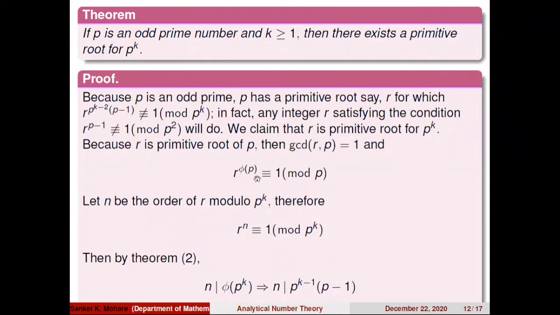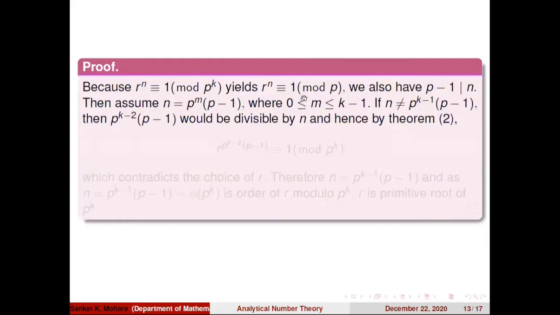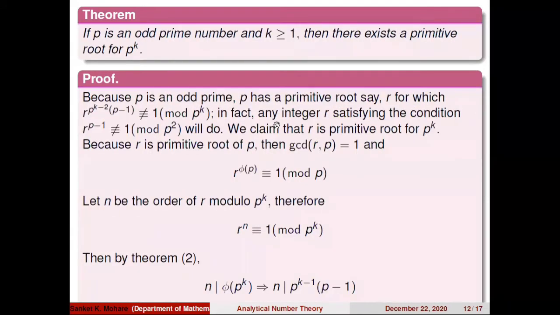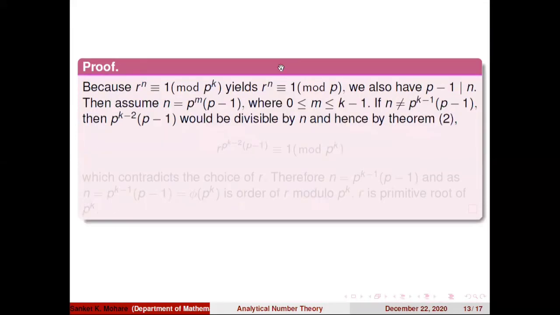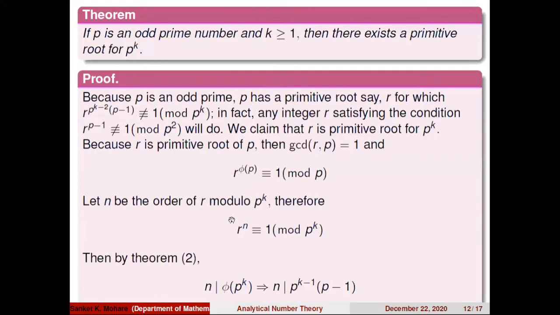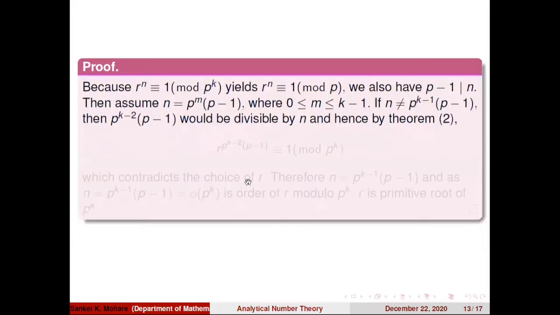So using theorem 1, instead of h here is n, and instead of k here is phi of p. So phi of p should divide n by theorem 1.